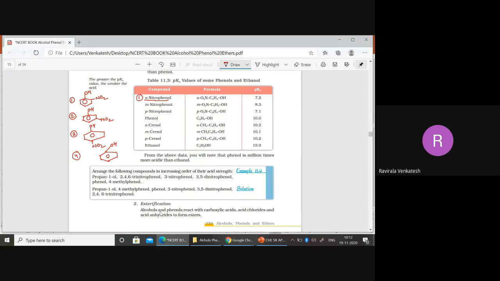The fifth one is cresol, which looks like this, with OH. Put the CH3 donating group here, simply at the meta position.